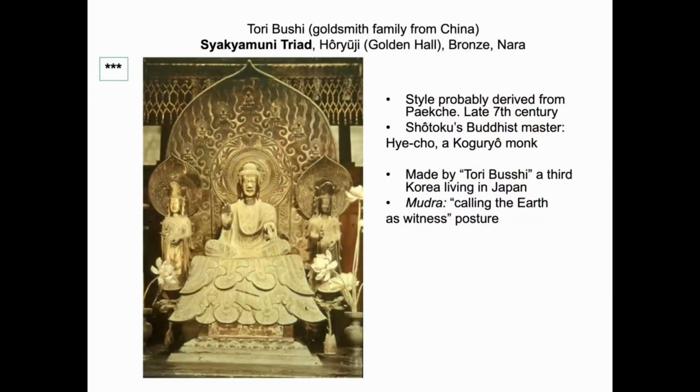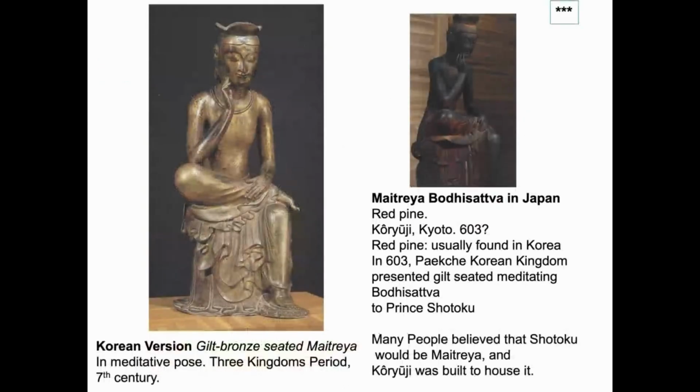Inside the golden hall, you have a Shakyamuni triad made of bronze. And this one reflects that 5th century Chinese style very well. And then, do you remember this? The meditative bodhisattva.